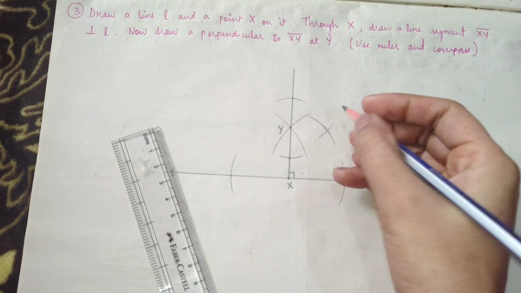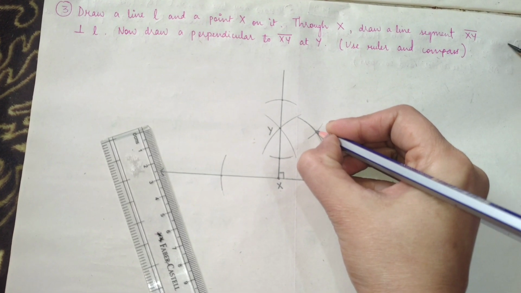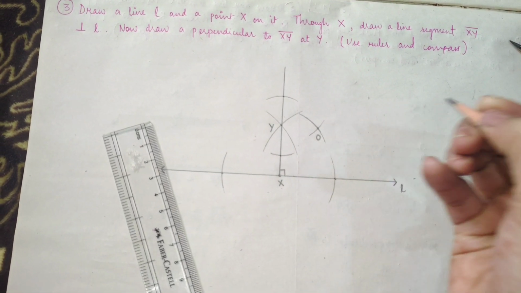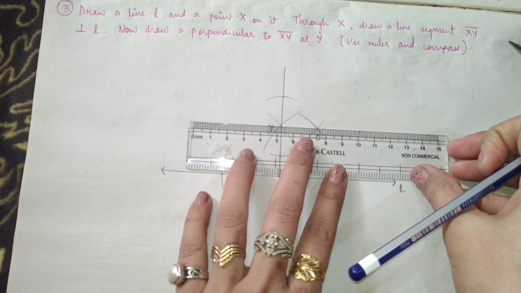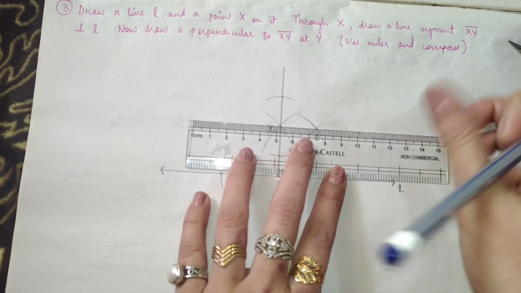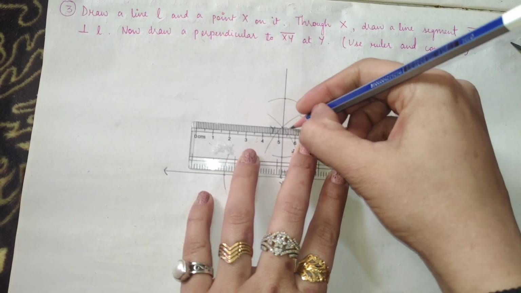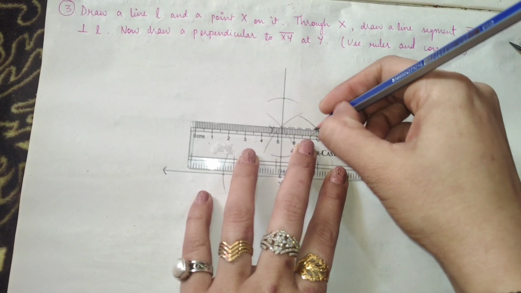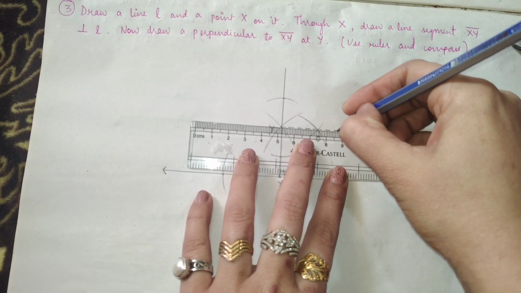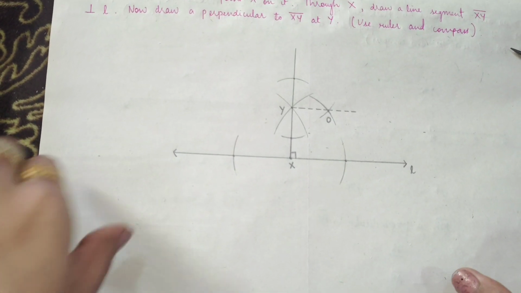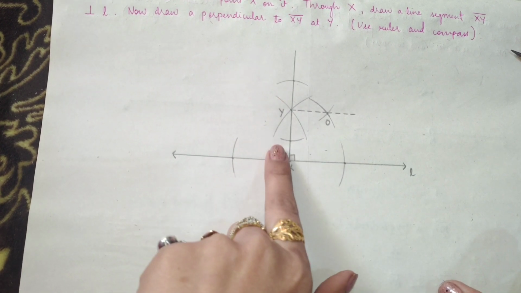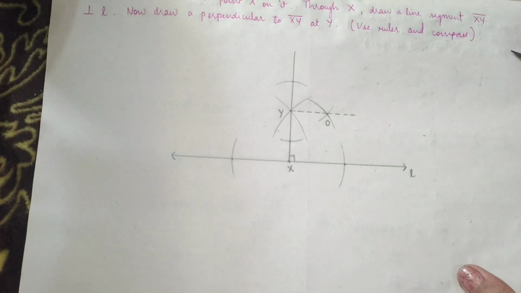Okay, and you can name this point as O or any letter of your choice, but this should be in line with X and Y. And then draw a line. You can use any line, solid line or straight line. Okay, so that's how you have drawn a line perpendicular to XY at Y.